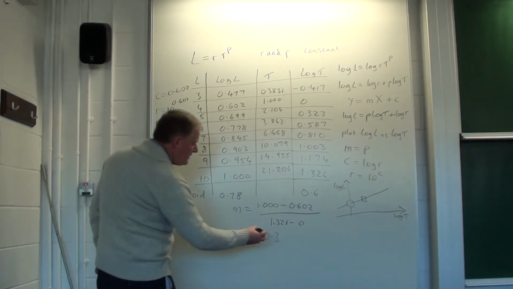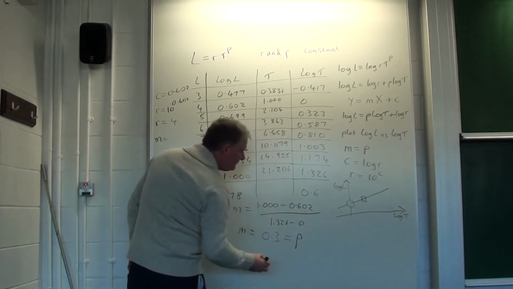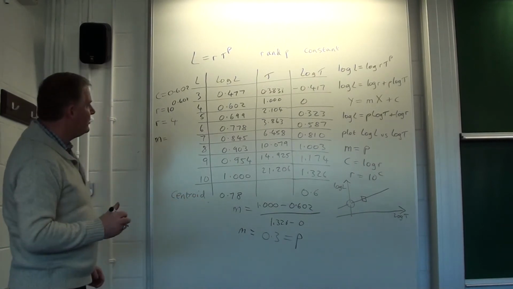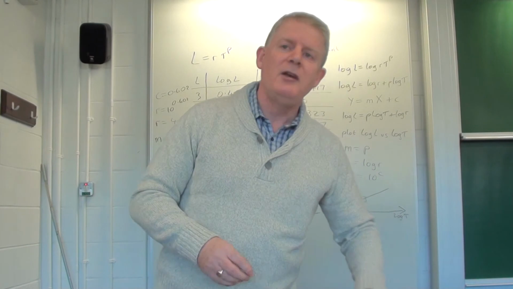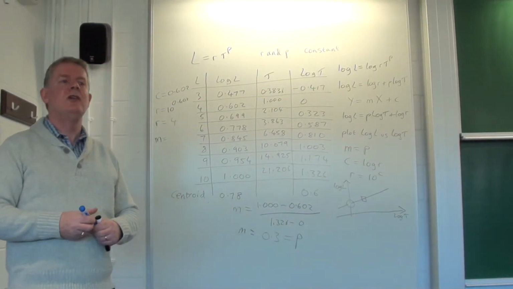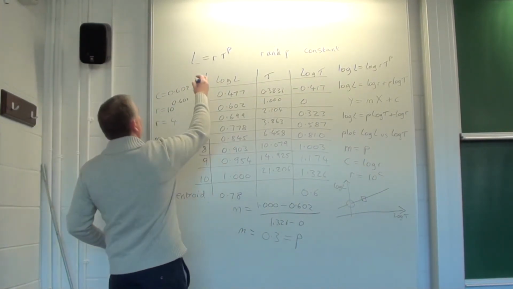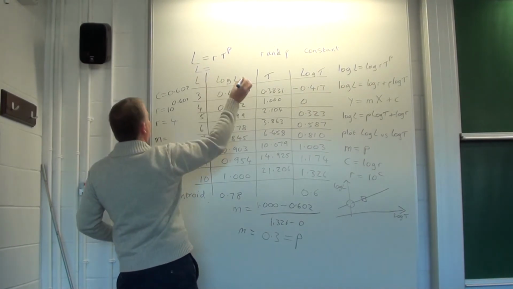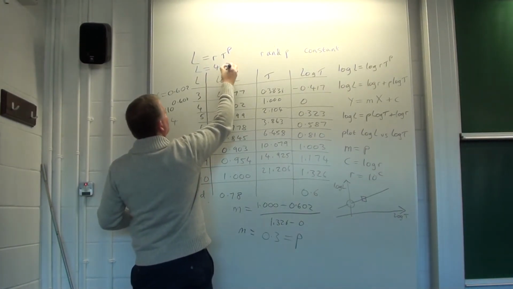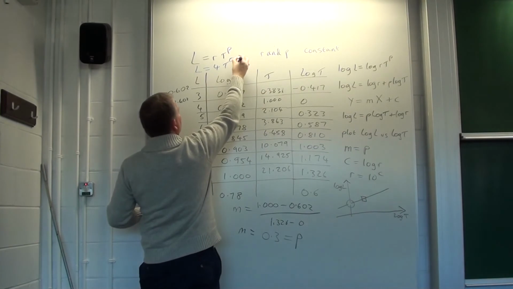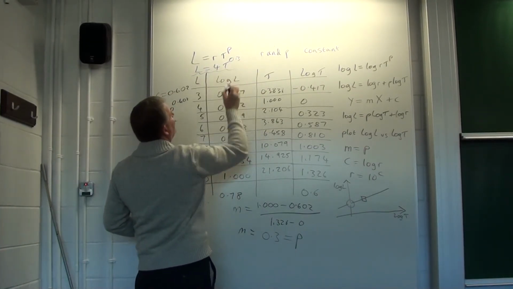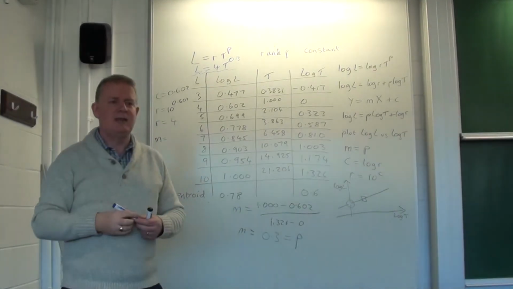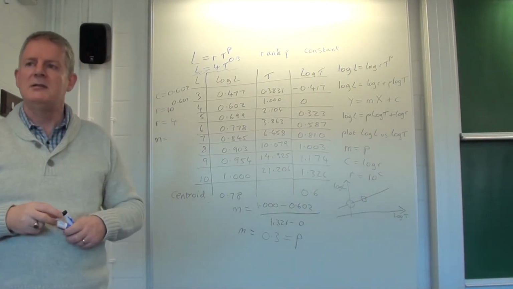And that is equal to P. So if that's equal to P, then we can now state our law, because we have now calculated the values of the two constants. We've got L equals R, which is 4, times T to the power of 0.3. And that's the answer. That is the law that relates L and T for this experiment.